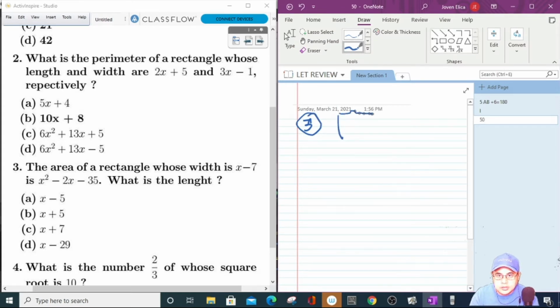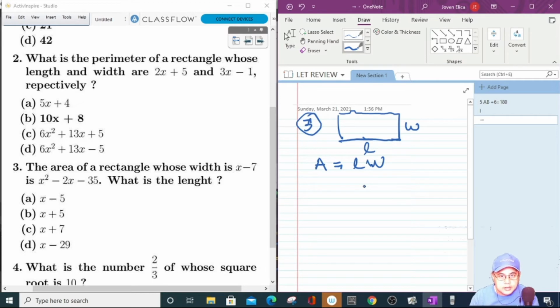Let us draw the rectangle. Again, this is length, this is width. The area of a rectangle is equal to length multiplied by the width. Okay?